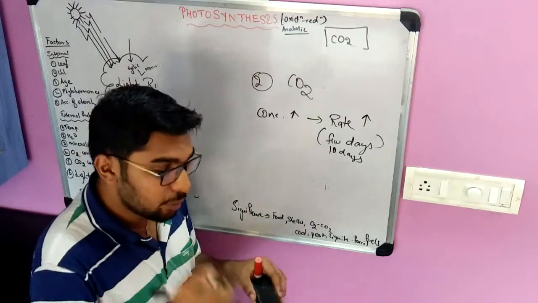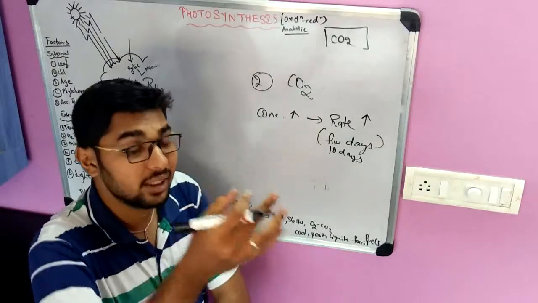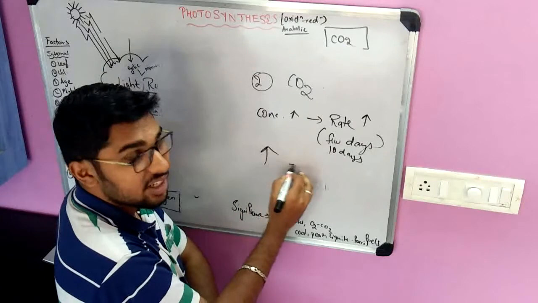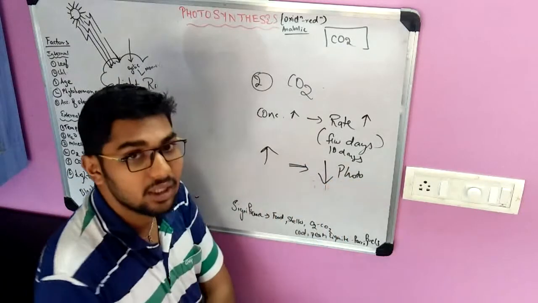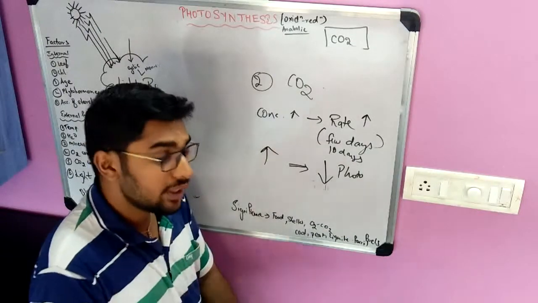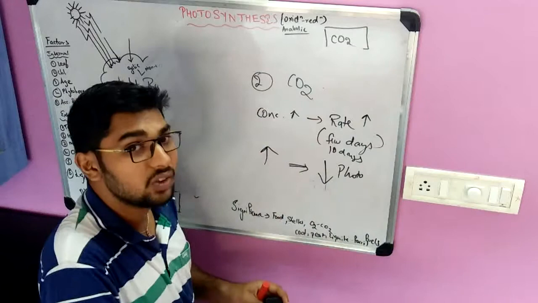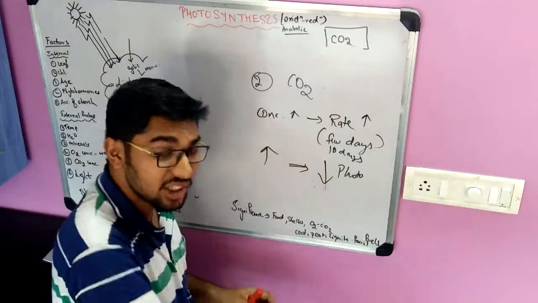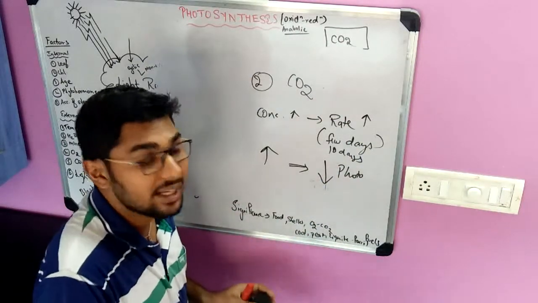For 10 days, they kept on constantly increasing carbon dioxide, and photosynthesis also increased. But after 10 days, further increase in concentration resulted in a decline in photosynthesis. So initially, for a few days, when the concentration of carbon dioxide increases, photosynthesis also increases. But after some time, when the concentration increases further, photosynthesis drops down or declines.